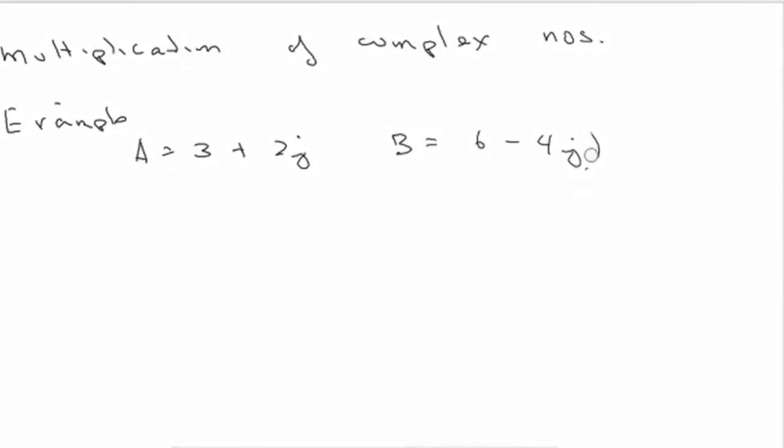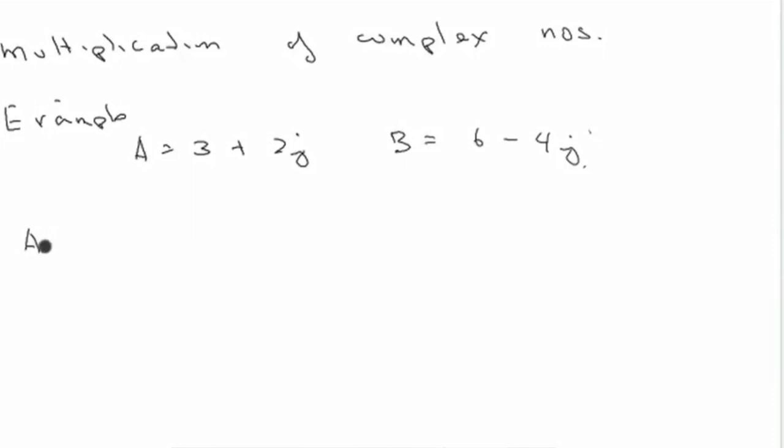So let's do now A multiplied by B, or let's just say AB. What's AB? A is 3 plus 2j, and what is B? 6 minus 4j.